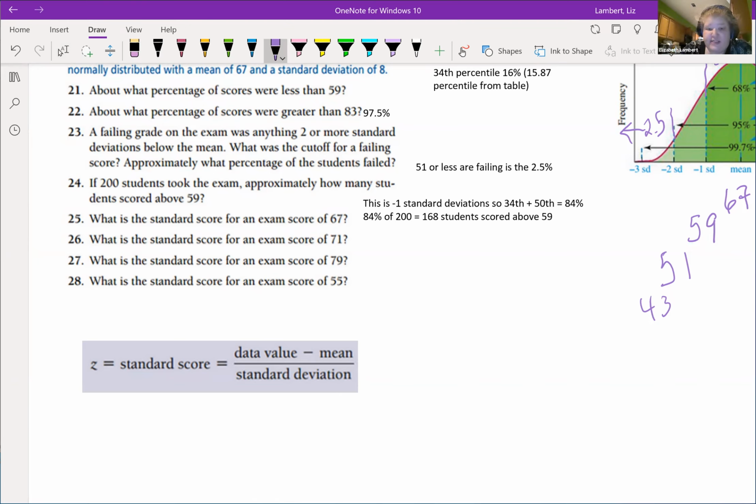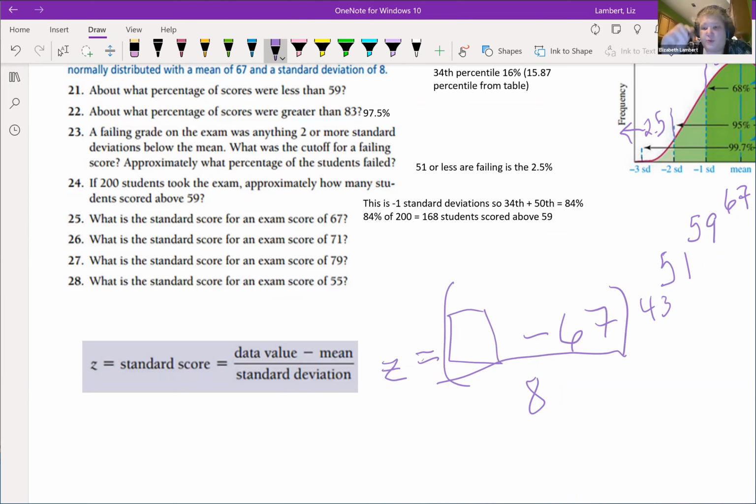So all of these z-scores are going to be insert number minus 67 divided by 8. And with that big divided by, we're going to need some parentheses around the top, or you do it as 2 separate steps.